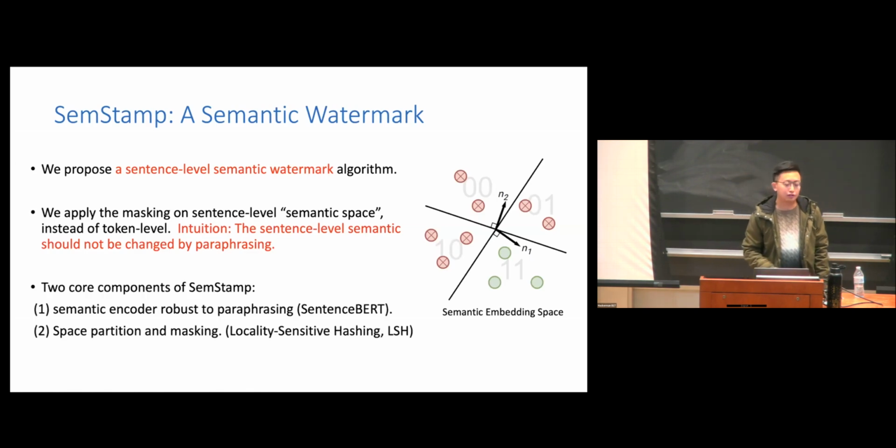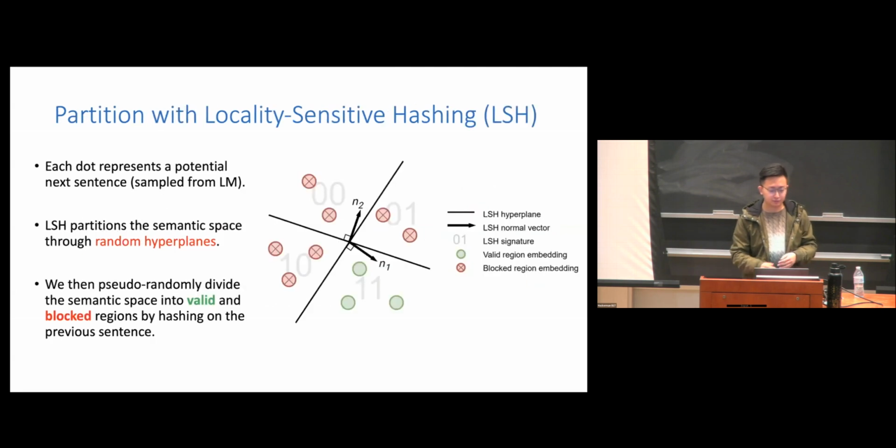The two core components of our SemStamp algorithm are first a sentence encoder that is robust to paraphrasing, and we use a fine-tuned Sentence-BERT in this case, and second how to actually partition the semantic space, for which we use locality-sensitive hashing.